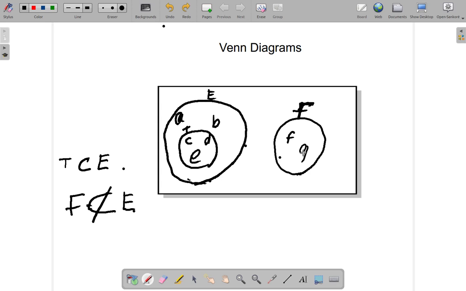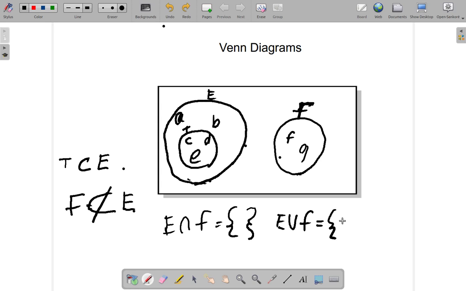Now, suppose I want to find out what is E intersect F. Well, obviously, no student who is doing English is doing French. No student who is doing French is doing English. There's no student common to both classes, so it's a null set. But what about E union F?